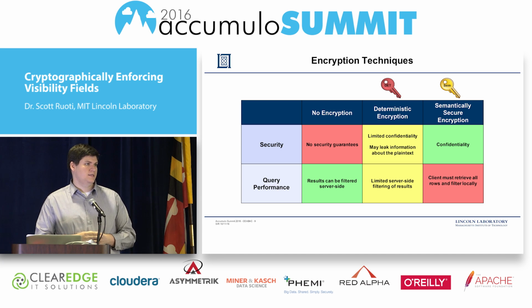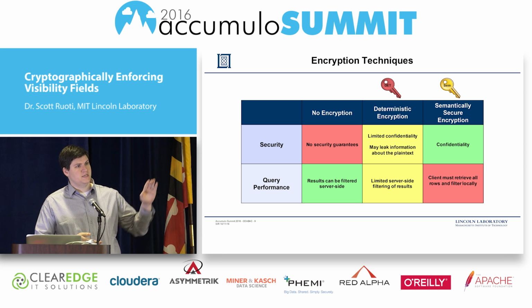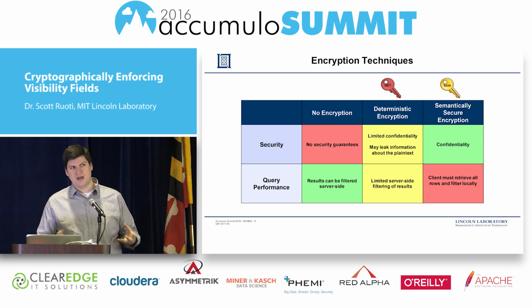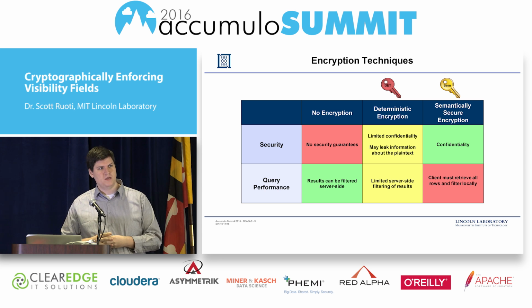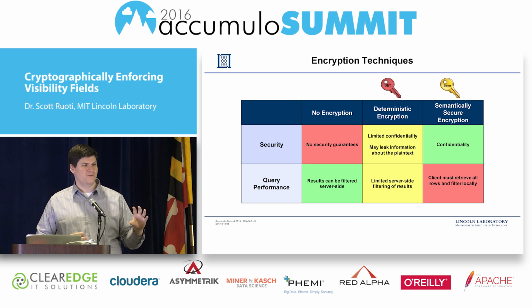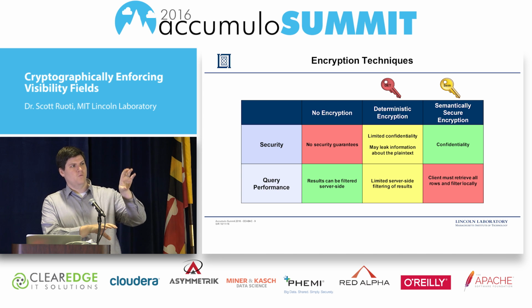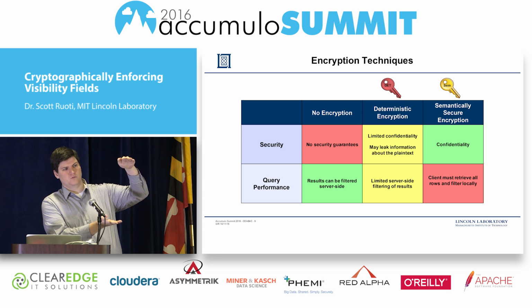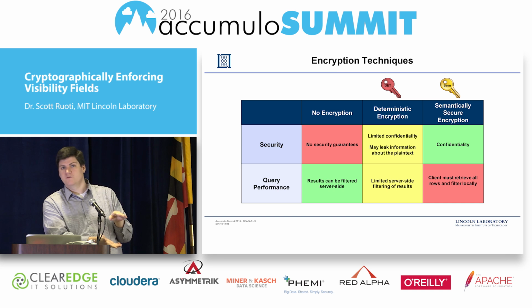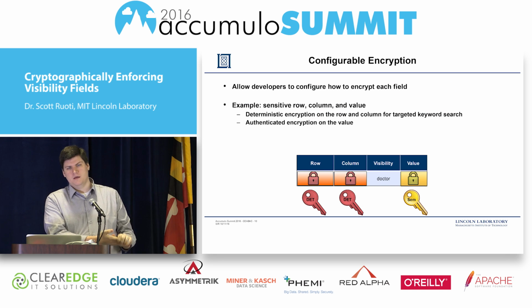What this means, though, is an Accumulo administrator is going to see in his database, this is a really trivial example, but assume we had a value that was just storing male or female. Well, he's very easily going to be able to tell that there's a bunch of male values and female values. He might not know which set of values is male and which set is female, but he's going to know all those rows refer to males because they're all going to encrypt to the same value, and another set of rows all refer to females as well.